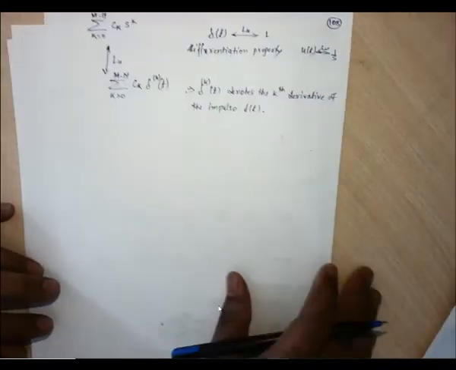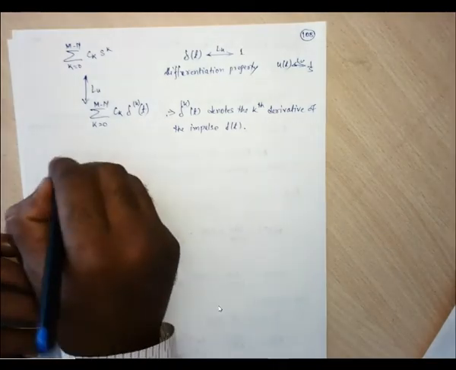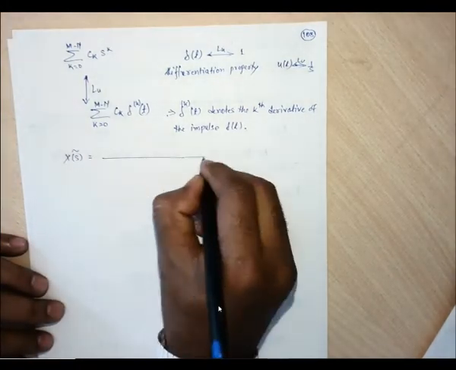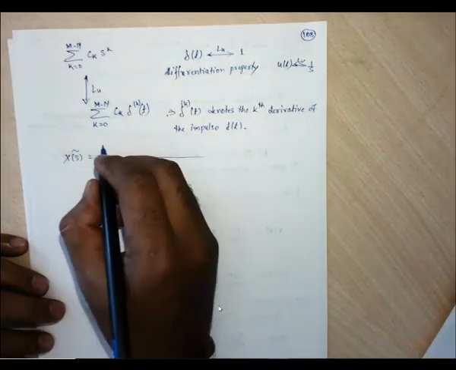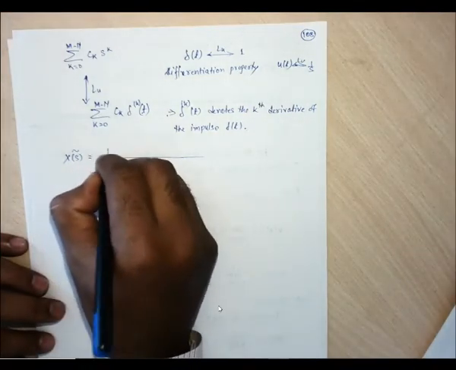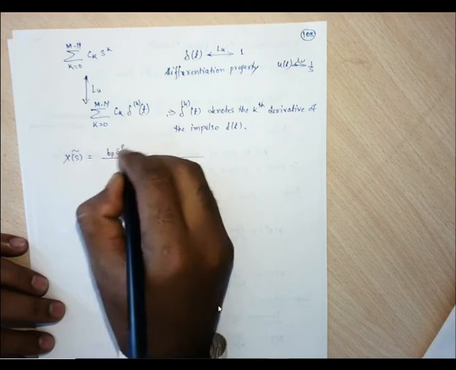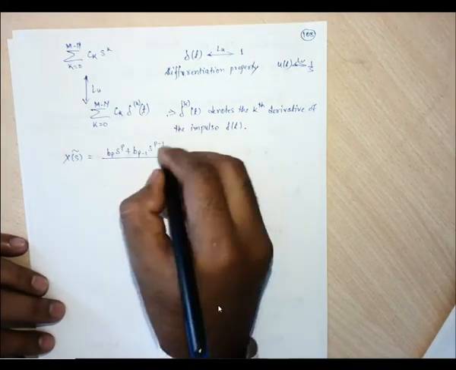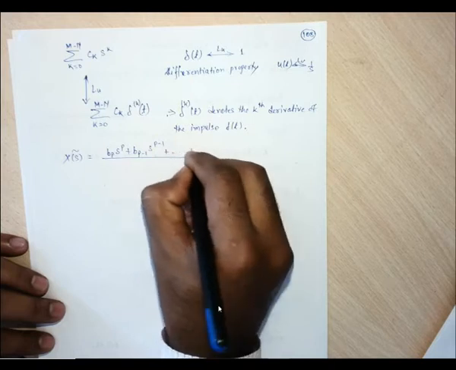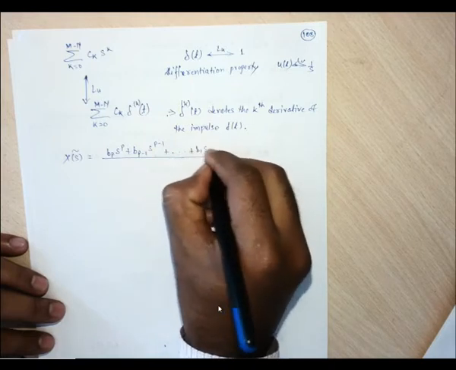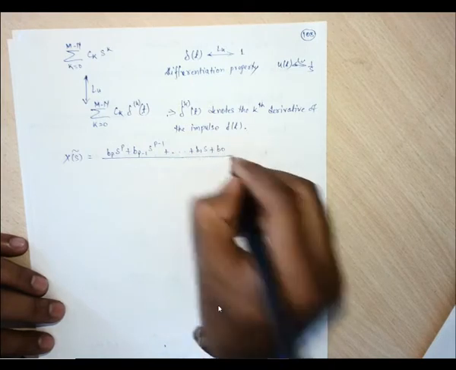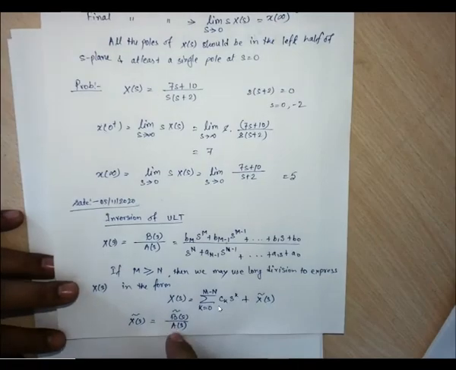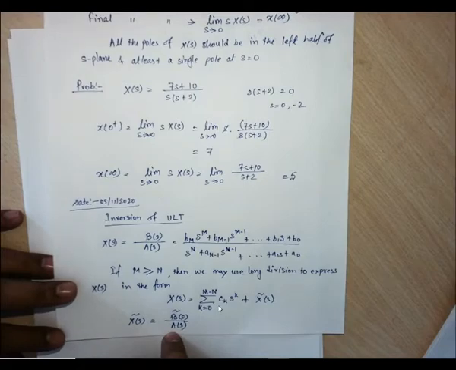So our new Xs, let us consider it is of the form bp s^p plus b(p-1) s^(p-1) plus dot dot plus b1 s plus b0, divided by the denominator, now we are finding the roots of this denominator.